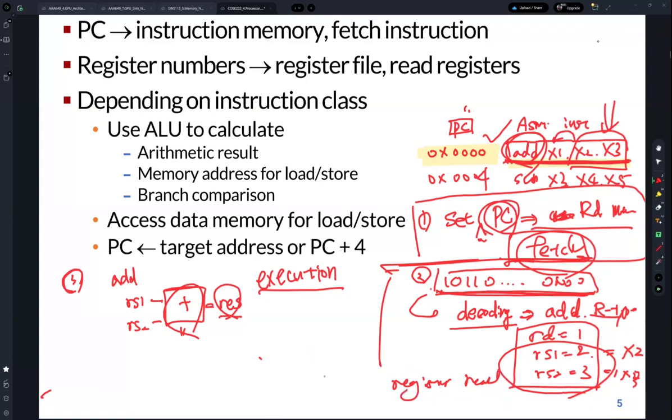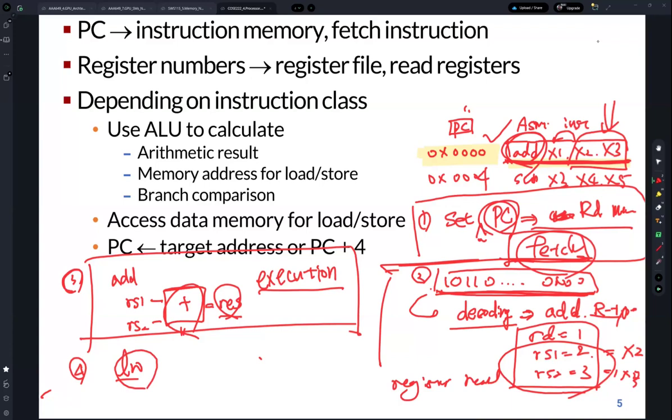But the required step before this write back is the execution part. The execution part can be different by instructions, right? For example, memory instructions like load word, the load instructions, and also the store word instruction.